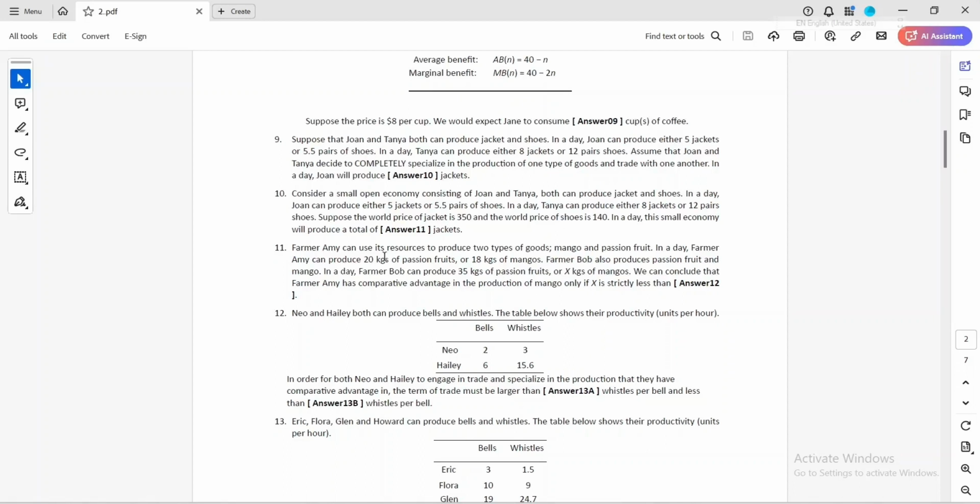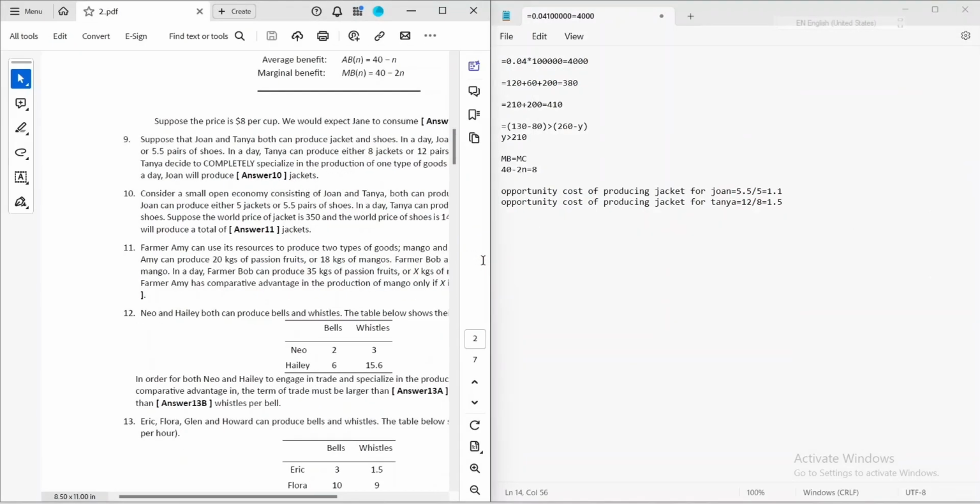Now we need to know who is going to produce what. This is a question about the revenue. So you need to calculate the revenue first and see the revenue from which item is the highest. Accordingly, they will decide what they should produce. Let's go to notepad.